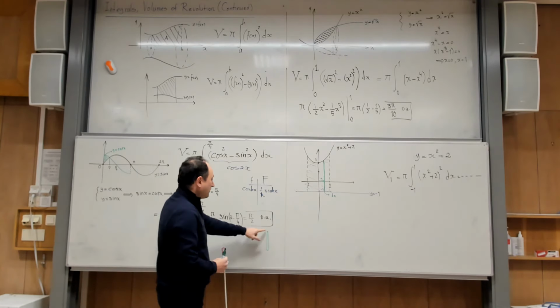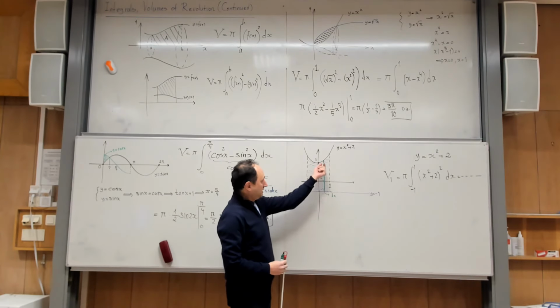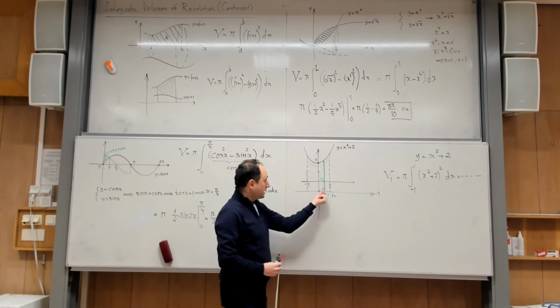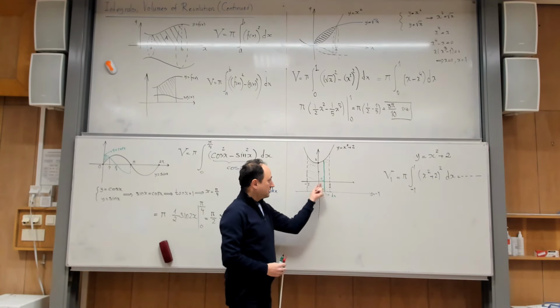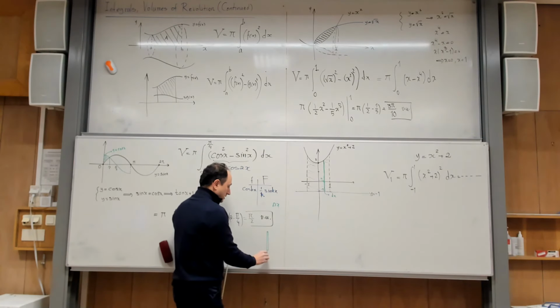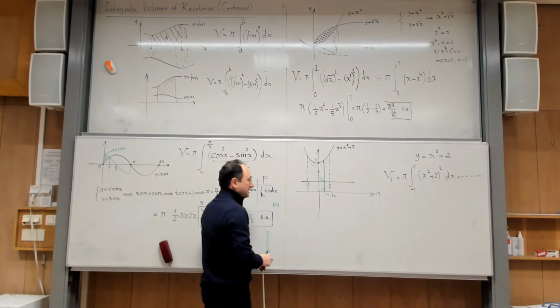Okay, but instead of thinking in that way, I would recommend you to think in this way. You have a very thick line, but a very narrow cylinder. The thickness, you call it dx, the change in x, instead of delta x, which is this width. If I make it small, I call it dx.